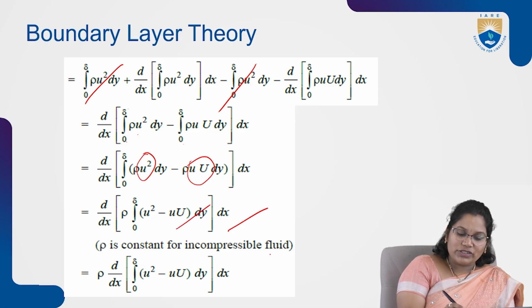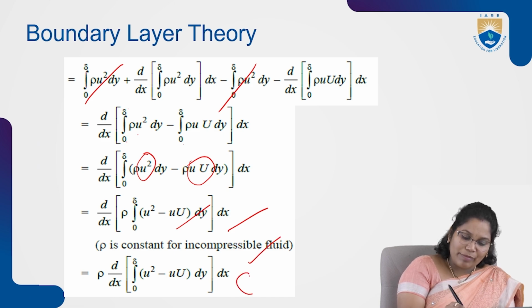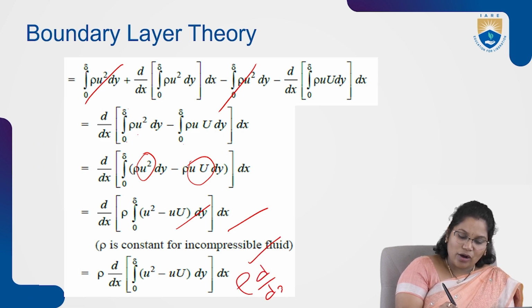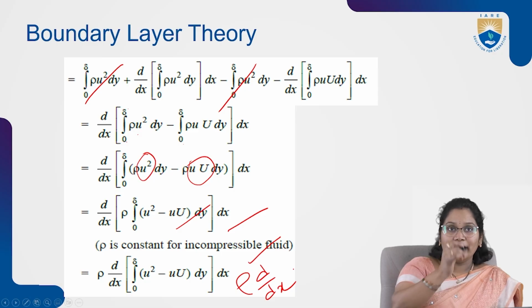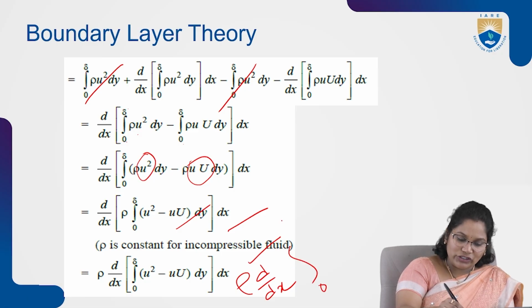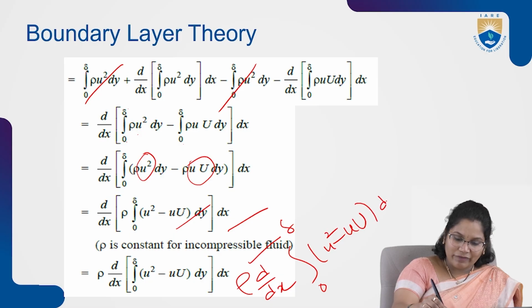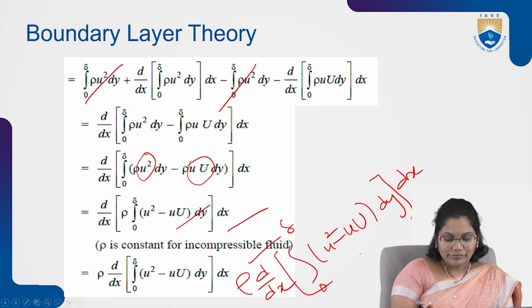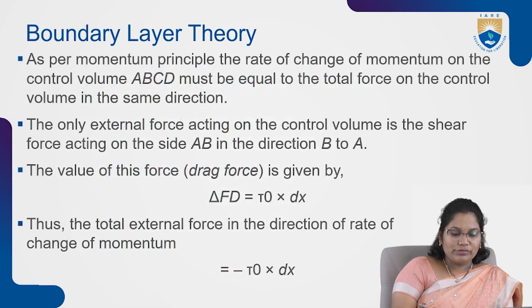And rho is constant for incompressible fluids. So rho is taken completely outside: rho into d by dx, integration of 0 to delta, u square minus small u capital U into dy, dx. Right? This is the equation we got.